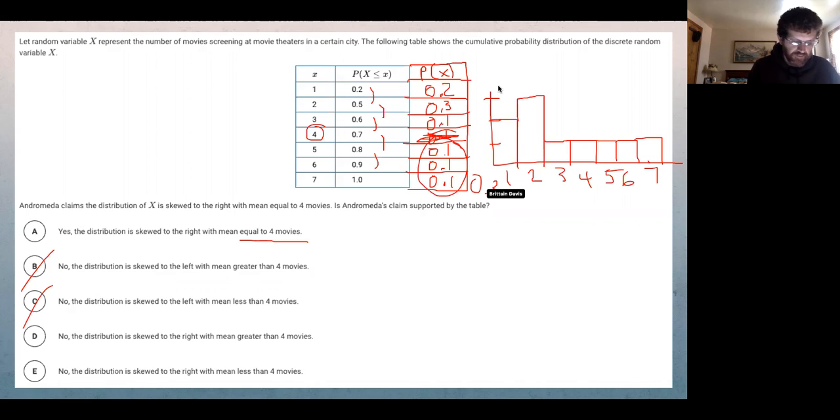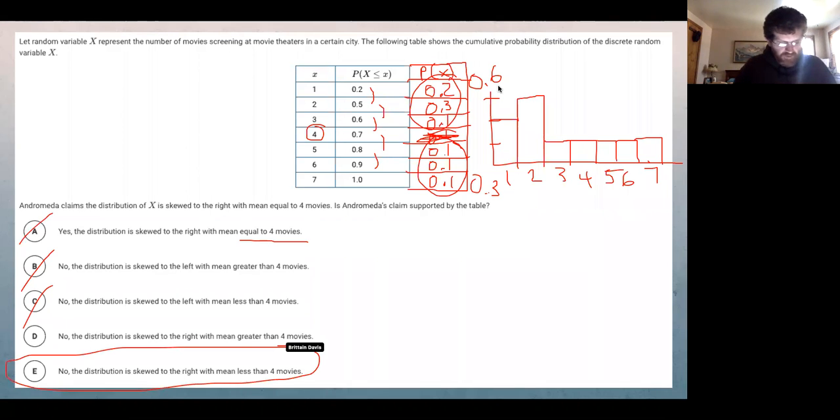Below it, there is a 0.6 probability, which tells me just intuitively that my mean is going to be less than 4, because the average value is more likely to be less than 4. If it had been 0.5 and 0.5, or basically equal, then I could say it's probably going to be 4. So it's not going to be equal to 4. Is it going to be greater than or less than 4? It seems to be less than 4. So E is the answer. Okay, so there's that one.